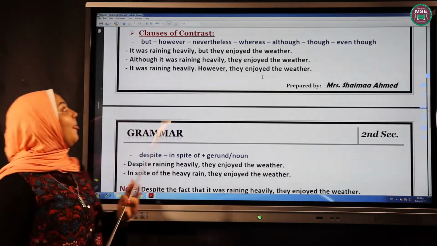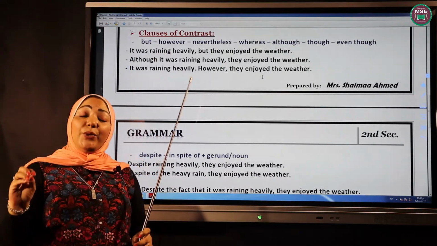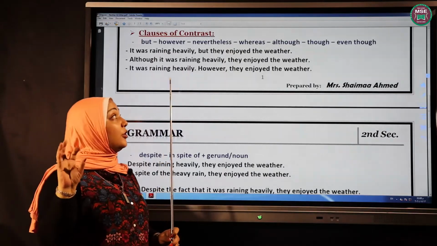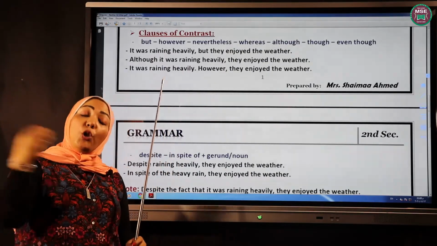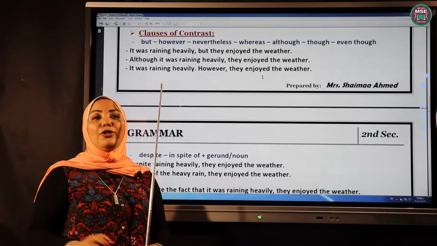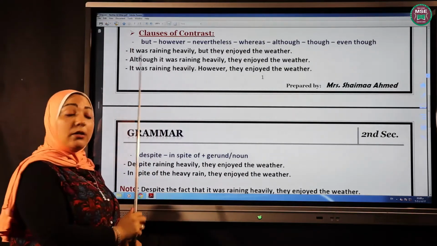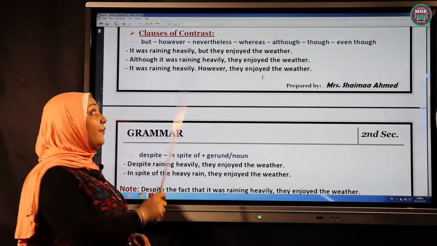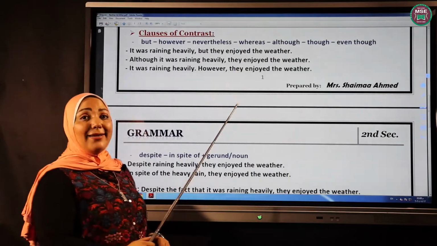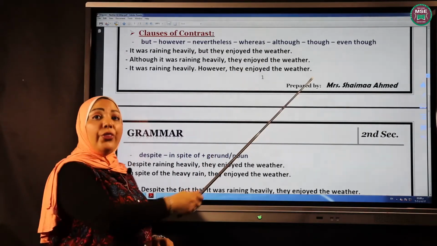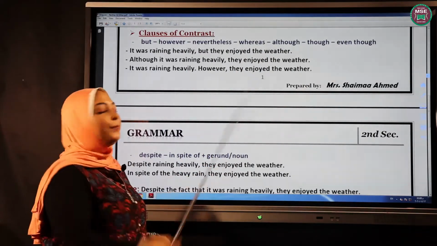You got this? Okay, so we can use these conjunctions in order to express the clauses of contrast, like but, however, nevertheless, whereas, although, though, even though.